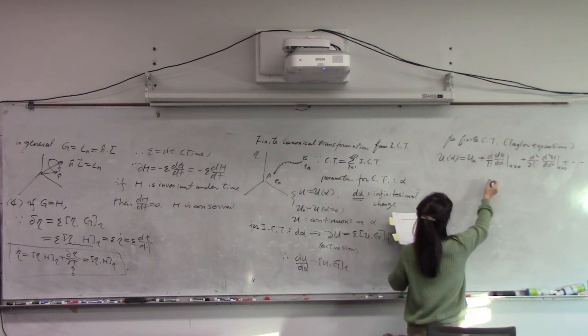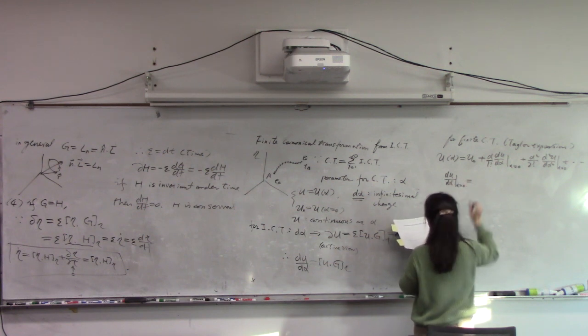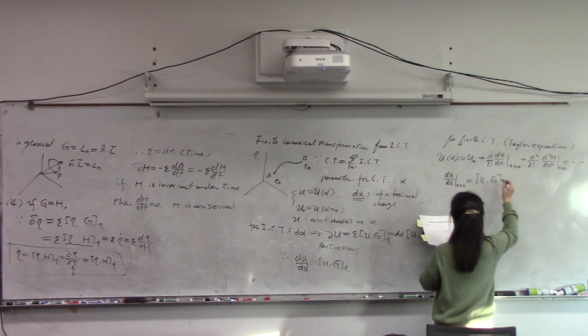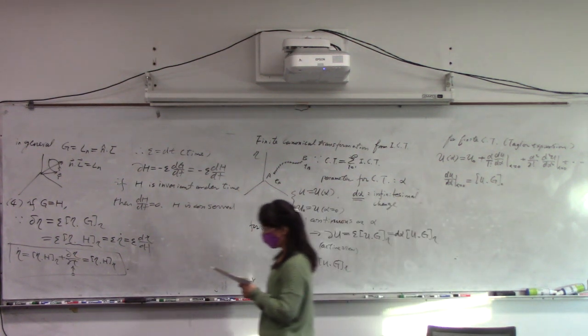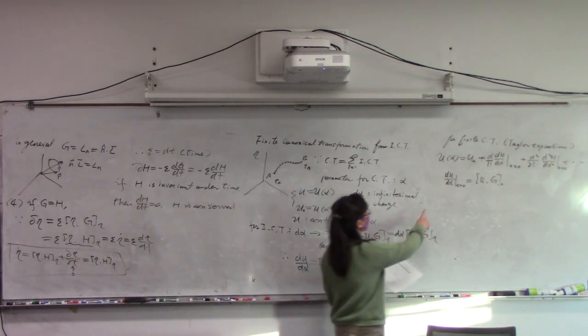So now for this one, first du d alpha when alpha equals 0 is this Poisson bracket when alpha equals 0. So that is from here.